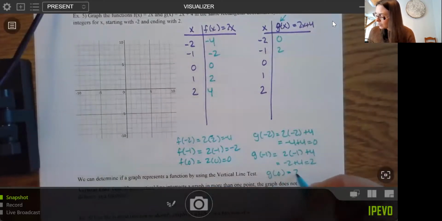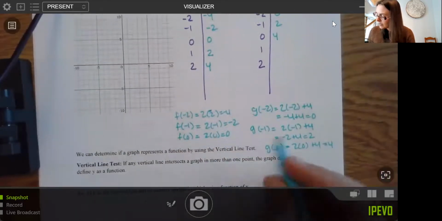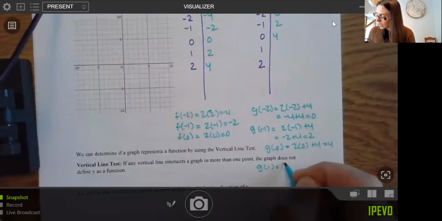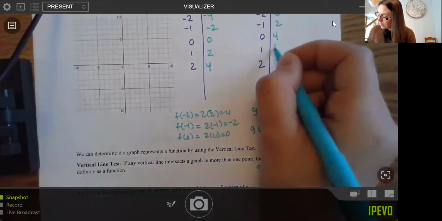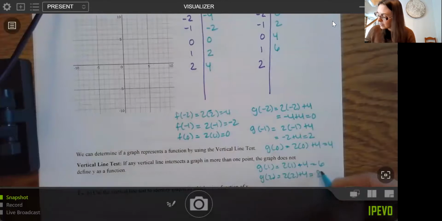G of 0 is 2 times 0 plus 4, which is 0 plus 4, which is 4. Running out of room here. Let's see. G of 1 is 2 times 1 plus 4. So 2 plus 4 is 6. And then g of 2 is 2 times 2 plus 4. So 4 plus 4, which is 8.